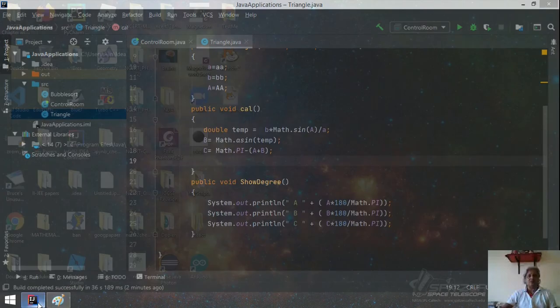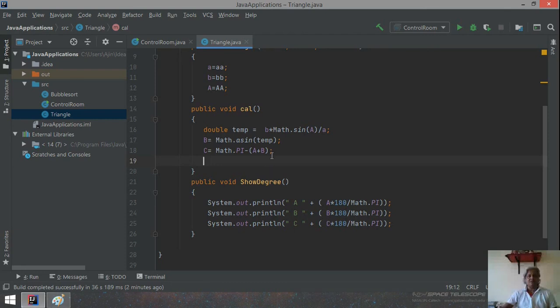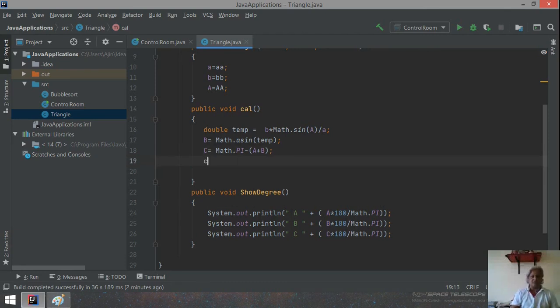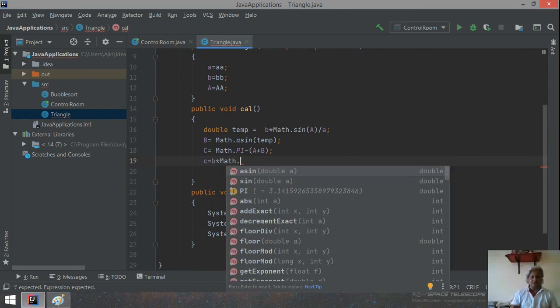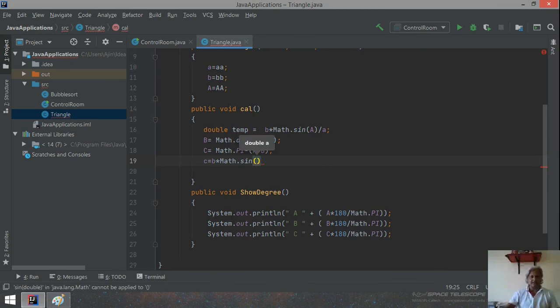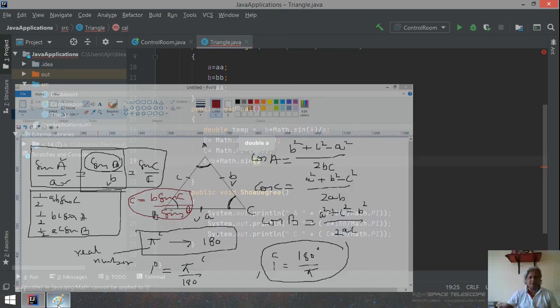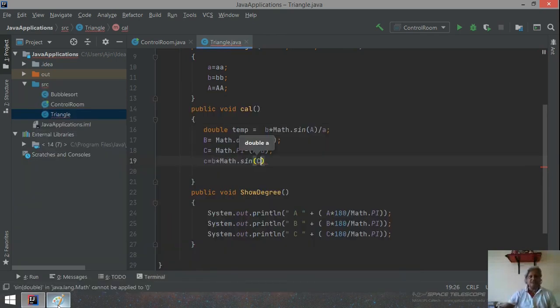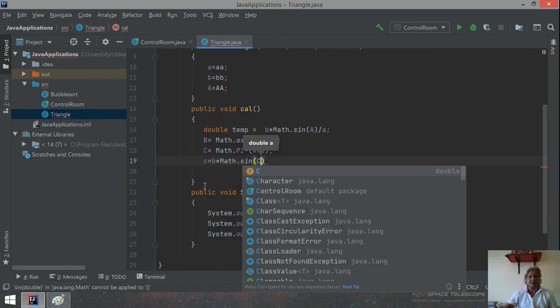So now I go into the coding. Small c equal to B into math dot sine C, and let me check it again. Okay, B sine C. C is already a double value, you don't have to worry about that.